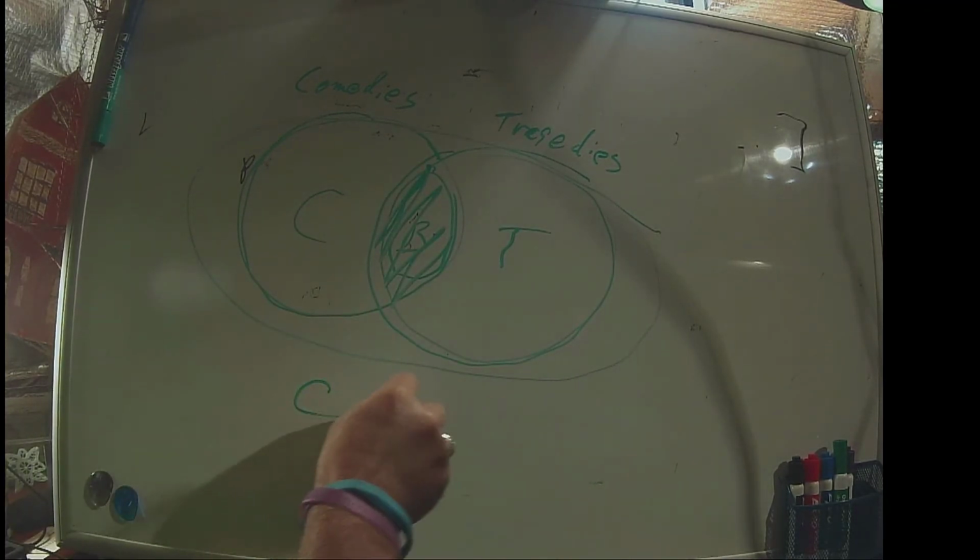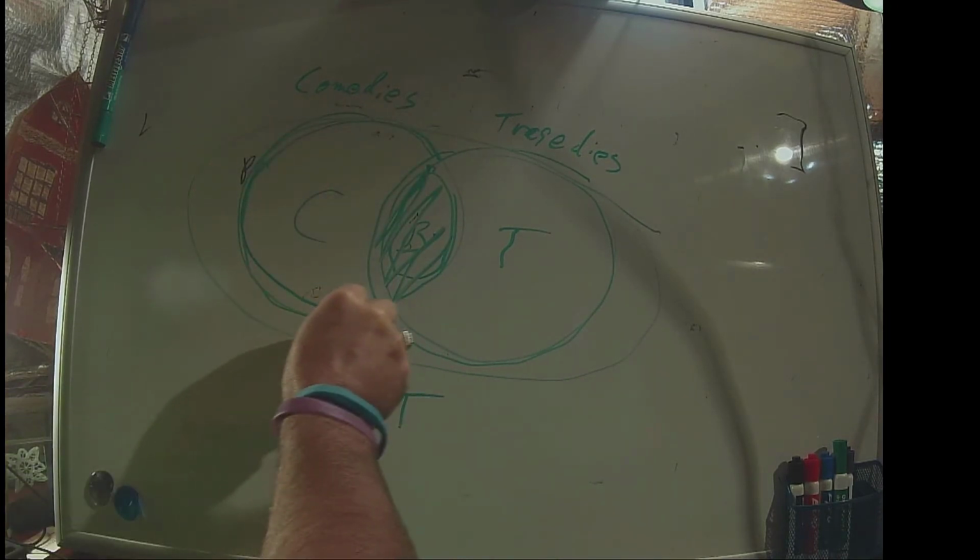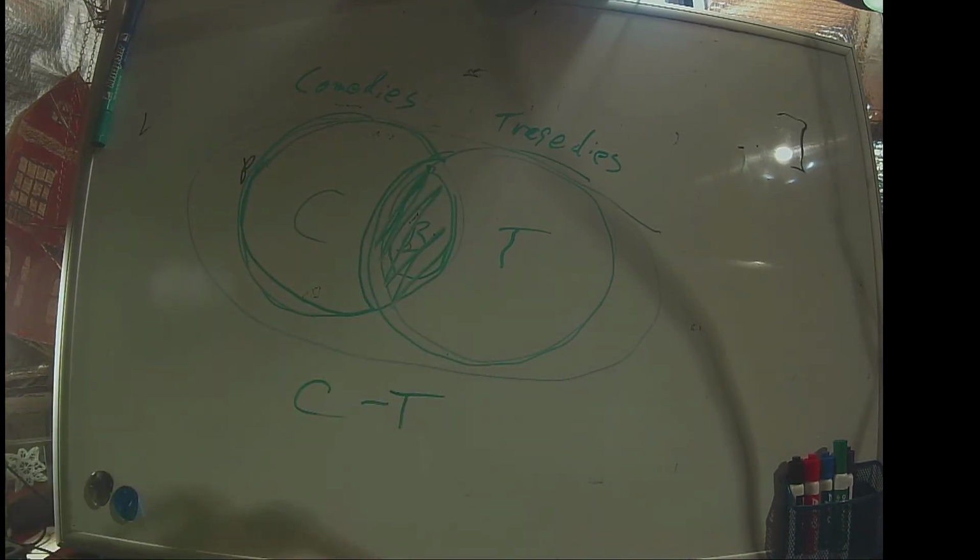C minus T, the difference operator, is this section. What other operators do we have here? There's this symmetric difference that I didn't show you.